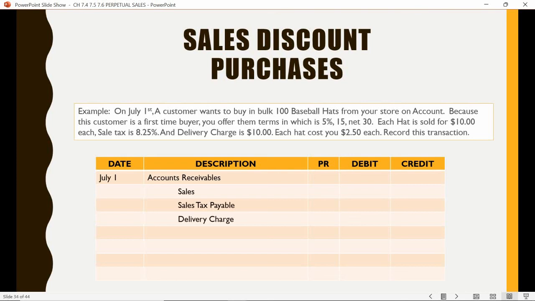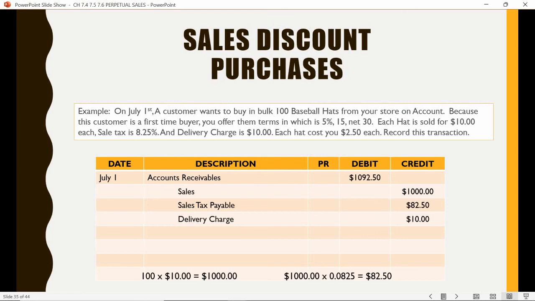Since we put it on accounts receivable, on an account, we have to recognize the sales, the tax, and the amount of money that I charge for delivery.